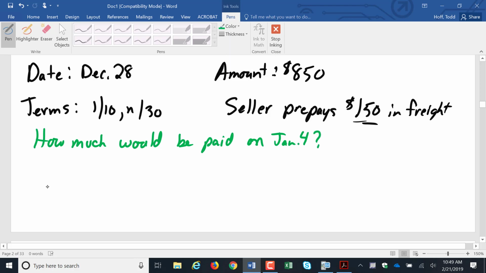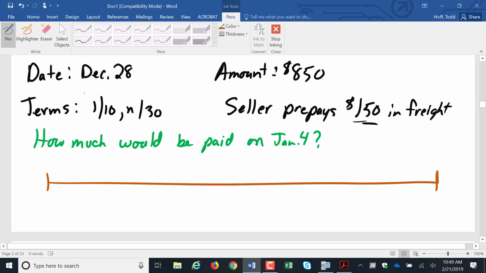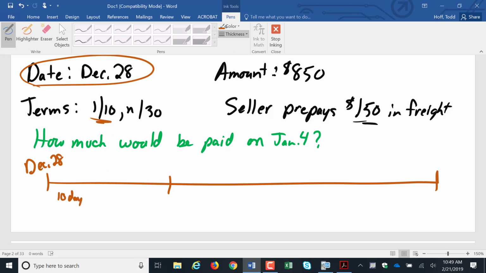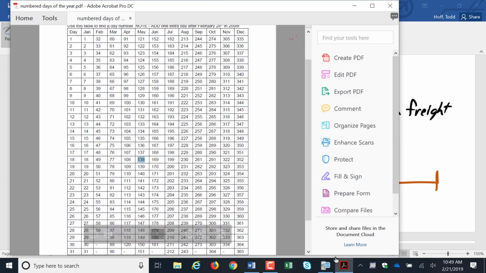So we have to do it on our timeline. So this starts, invoice date, December 28th. That's where this all starts. We have a 10-day discount period because it's 1/10. It's only going to be a 1% discount because of the 1, but to get to that 10 days, now what we have to do here, if I use my date chart, December 28th is day 362.